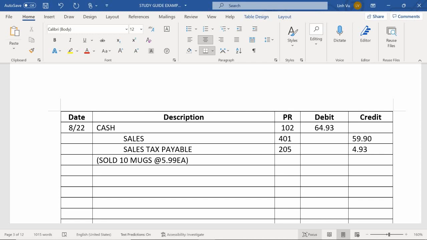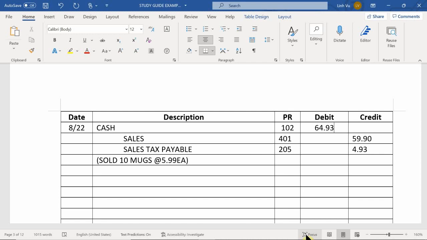So let's do that again, it's not right. 59.90 plus 4.93, the 4.94. Okay. 59.9 times 0.0825 is 4.94. How do you get 94? 59.9 times 0.0825.